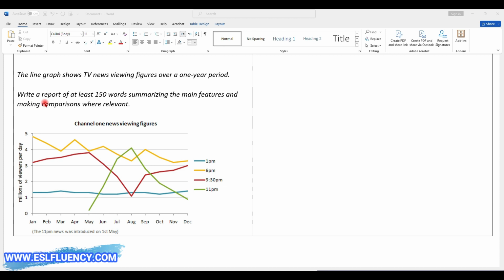There is no fixed structure for task 1, but I always recommend a 4-paragraph structure to my students for high clarity and easier organization. Let's go through the first paragraph, which is called an introduction. In the introduction, we need to tell the examiner what we are looking at. What kind of chart or diagram is this?